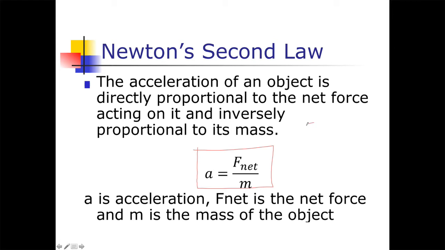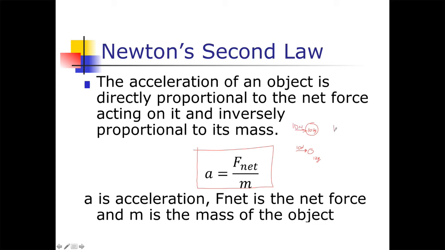What does it mean? If you take two objects, let's say this is 10 kilograms, and this is 1 kilogram, then you apply 10 newtons of force. You do the same thing here, apply 10 newtons of force.